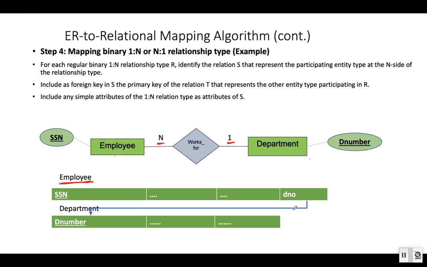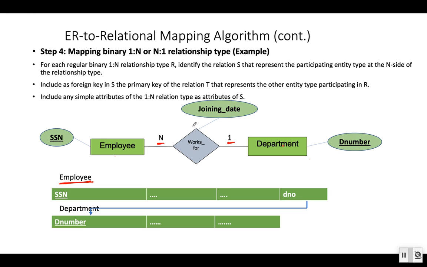The domain of the attribute for this foreign key has to be the same as the domain of the primary key. So we're going to add a foreign key DNO which will reference the primary key of the department table.